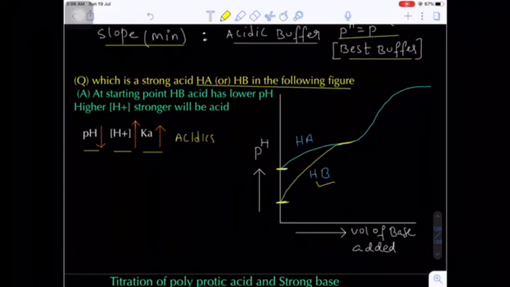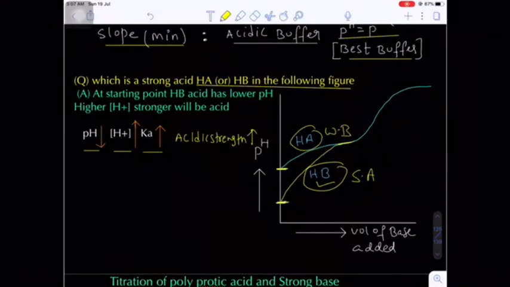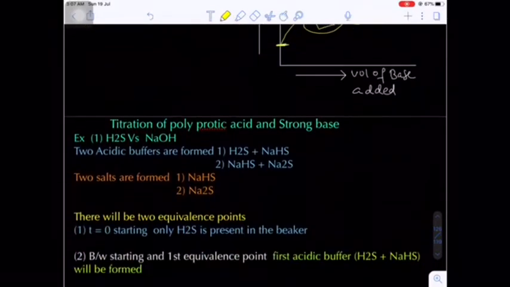As the pH value decreases, that means the H plus ion concentration increases, or Ka, the dissociation constant of the acid, increases, then the acidic strength also increases. Acidic strength, what happens? Increases. That means HB will be the strong acid and HA corresponds to what? Weak acid. Are you getting my point?